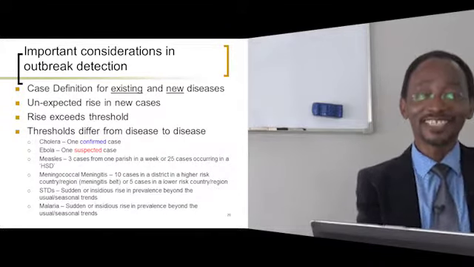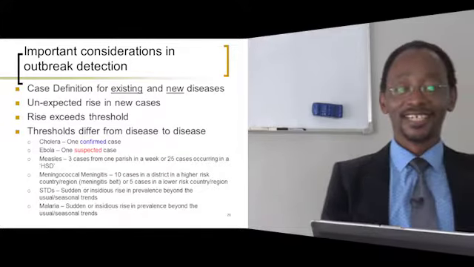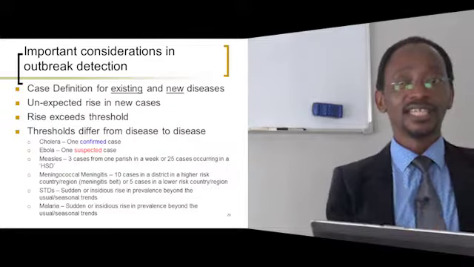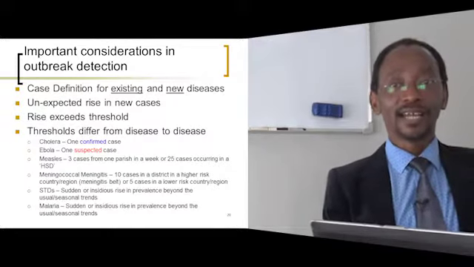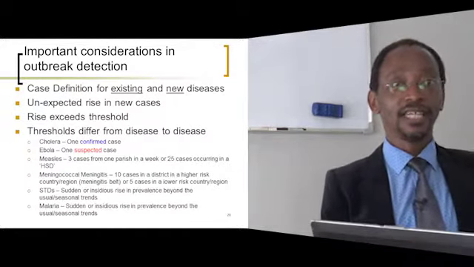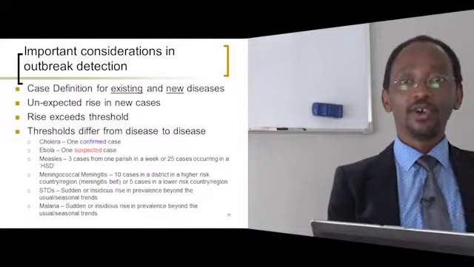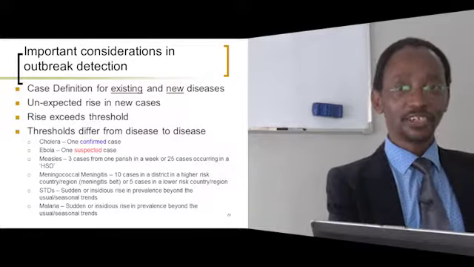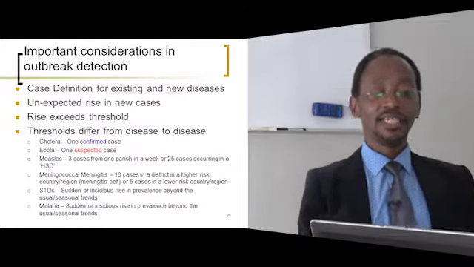So one suspected case is an outbreak. So it's not uncommon to hear the Ministry of Health announcing, like recently, that there's an outbreak of suspected Marburg in Kween District. They don't first wait to confirm. Once it is suspected and fits the clinical picture, then there's a probable outbreak.